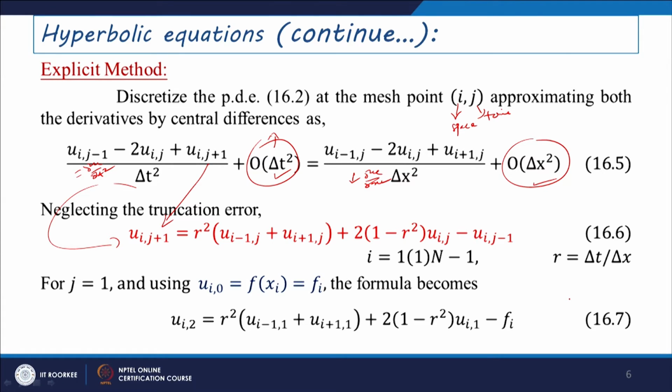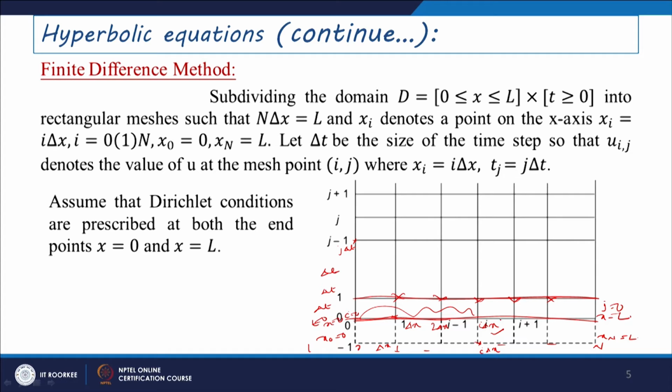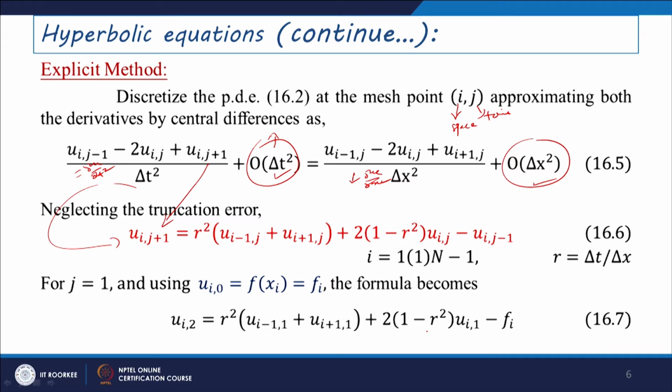So, for this, we use j equals 1, the first time step, and u_i0 equals f of x_i, this is f_i. Since at the 0th level, t equals 0, only i has the variation. So, j remains 0 there itself.